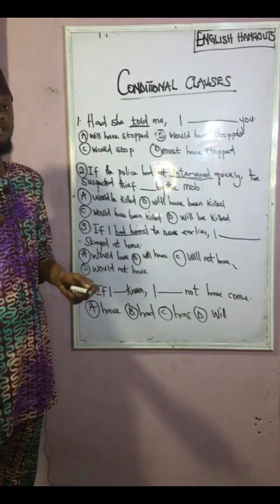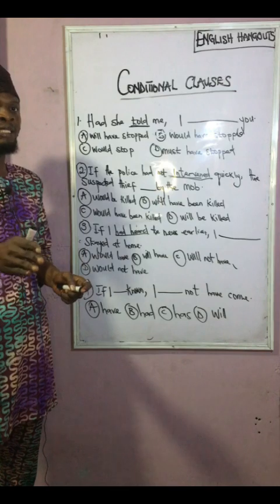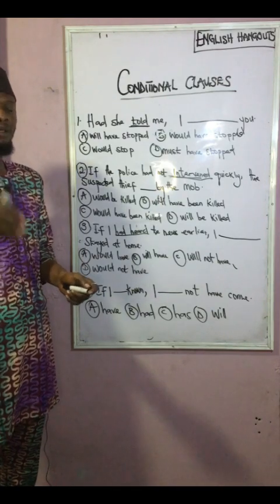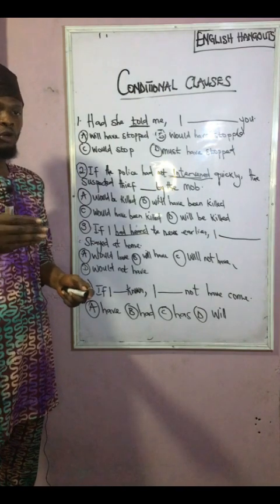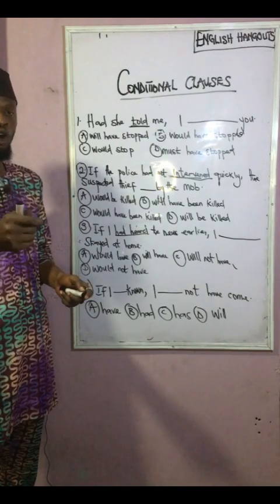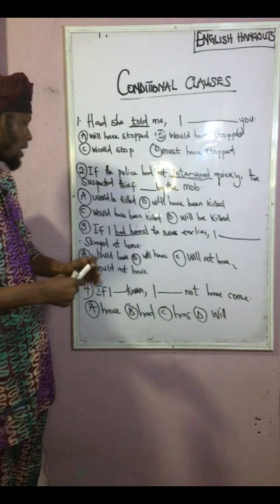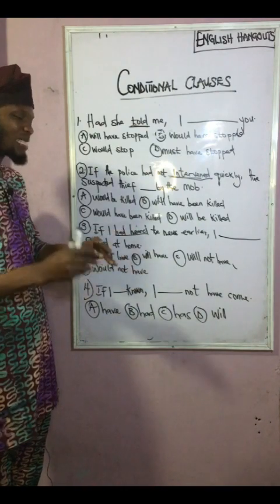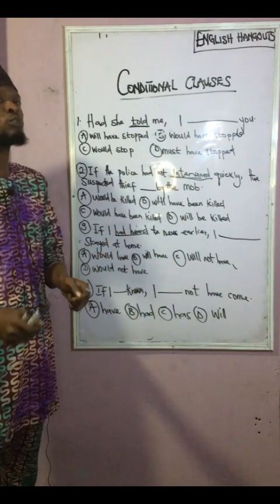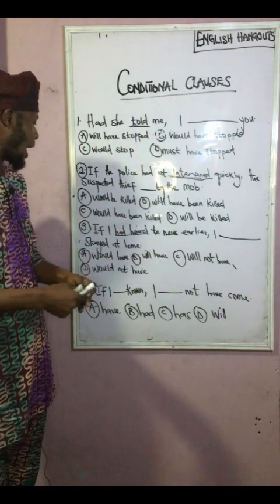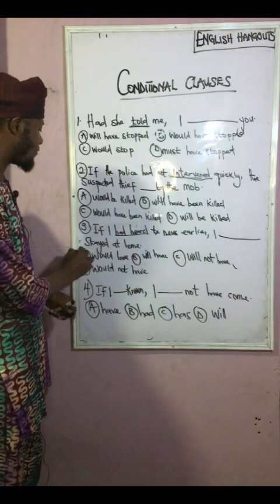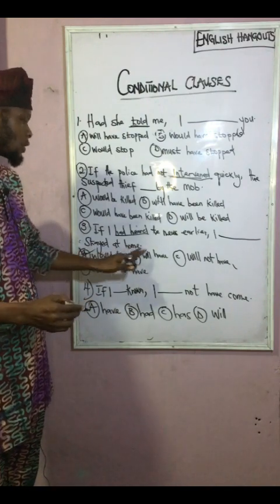Had is the past form of both has and have, and we said that the verb in unreal events must always be in the past tense. So if you have if I had, automatically that expression is an unreal condition. If I had heard the news earlier, I would have stayed at home.